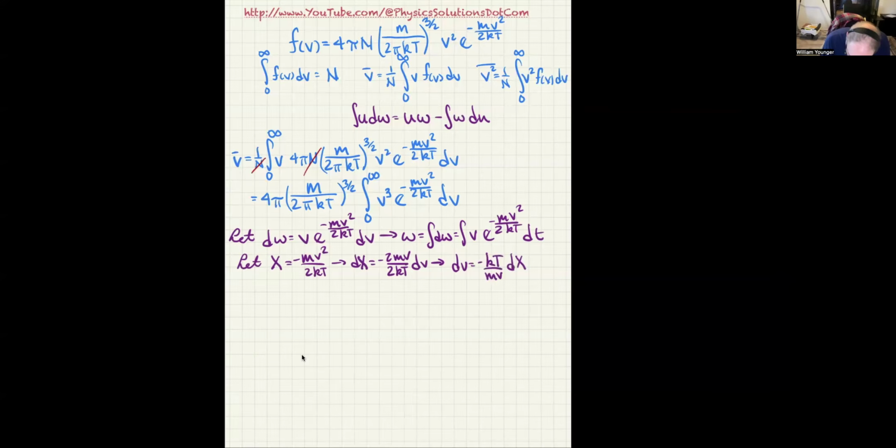So now I can say omega equals the integral of v e to the negative mv squared over 2kt dv. This becomes the integral, technically I'll just leave it as a regular integral without the limits of integration.